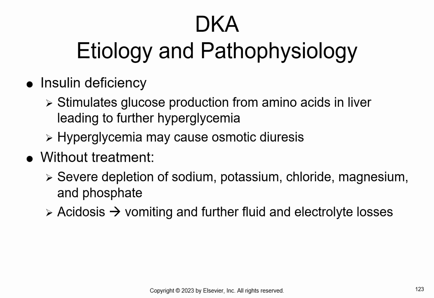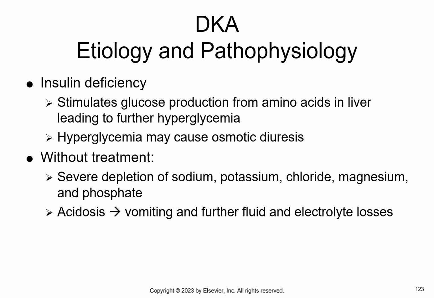Insulin deficiency impairs protein synthesis and causes excessive protein degradation, resulting in nitrogen losses from the tissue. The deficiency stimulates glucose production from amino acids, which are proteins, in the liver, and it leads to further hyperglycemia. Because of the insulin deficiency, the body cannot use the additional glucose, and the glucose level rises further.